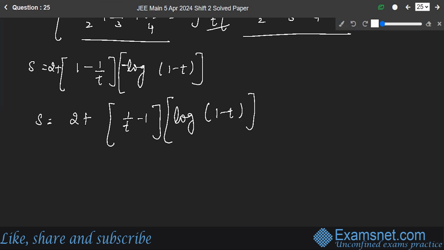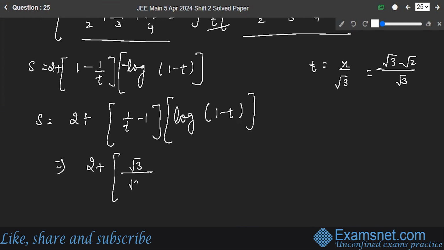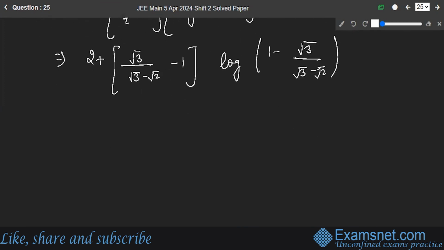log of this, correct? So now I think I should put the value of t. What was t? t was equal to x upon root 3. And what was your x? That was equal to this. Right. So 2 plus, this will be root 3 minus root 2 minus 1, log of 1 minus (root 3 minus root 2).